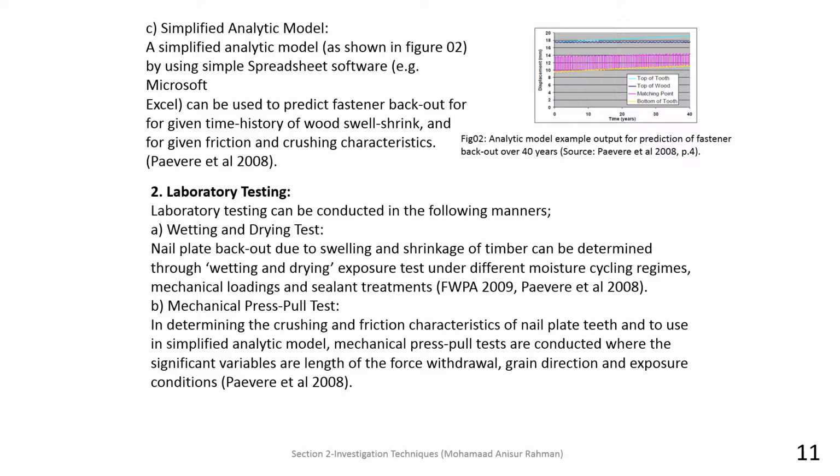Laboratory tests are done through either wetting and drying test or mechanical press pull test. In wetting and drying test, nail plate backout due to swelling and shrinkage of timber can be determined through wetting and drying exposure under defined moisture cycling regimes, mechanical loadings and sealant treatments, whereas in determining the crushing and friction characteristics of the nail plate teeth and to use it in simplified analytic model, mechanical press pull tests are conducted.